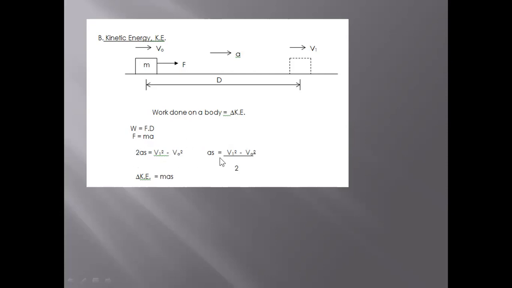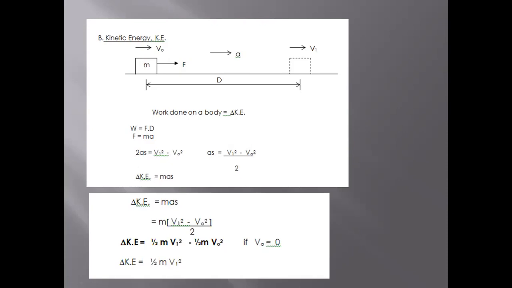If we further simplify this, it gives us acceleration times distance equal to final velocity squared minus initial velocity squared all over 2. So delta kinetic energy is equal to mass times acceleration times the displacement S or D. So delta KE is equal to m multiplied by final velocity squared minus initial velocity squared, all over 2.